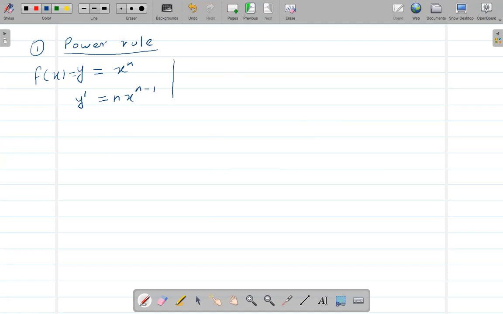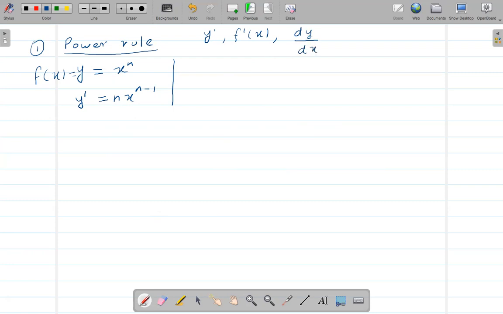Like I said, there are different ways of writing a derivative. You can write y prime, or f prime of x, or since we have y, we could even write dy over dx.